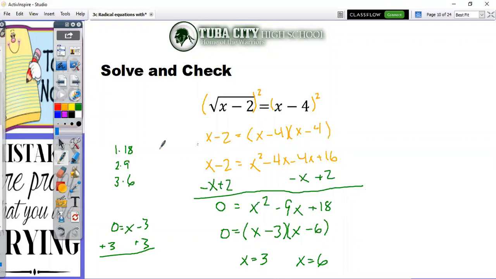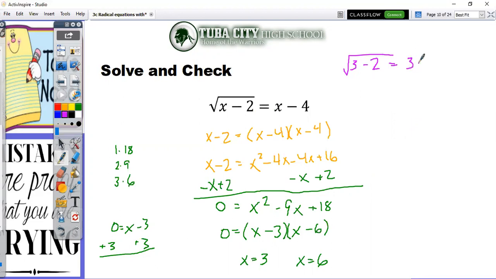So let's go ahead and plug them back in. And I'm going to erase these just so that I have less stuff to look at. All right, so root of x minus 2 equals x minus 4, and we're checking 3, so I'm going to plug in x as 3.